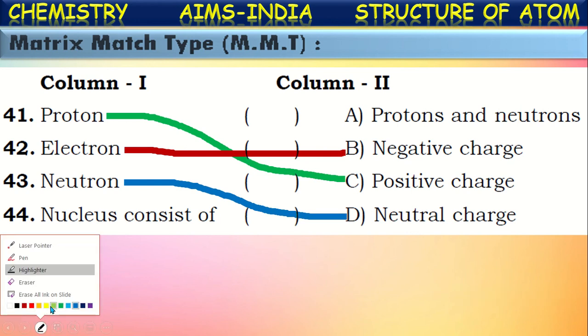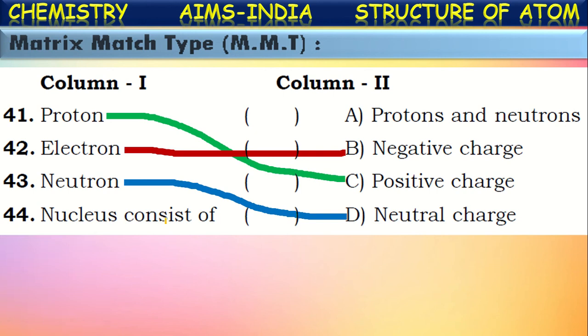And next, what does the nucleus contain? Nucleus consists of protons and neutrons, which together we call nucleons. Out of these nucleons, protons are positively charged particles, whereas neutrons are neutral particles.